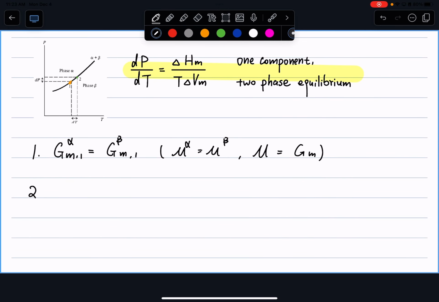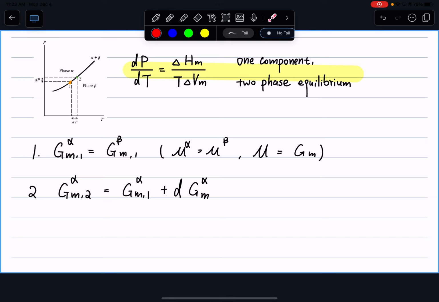So your molar Gibbs free energy at point 2 in phase alpha equals the molar Gibbs free energy at point 1 in phase alpha plus the infinitesimal change dGm in phase alpha. All right, so dGm is what we have. That's the difference between your point 1 and point 2.